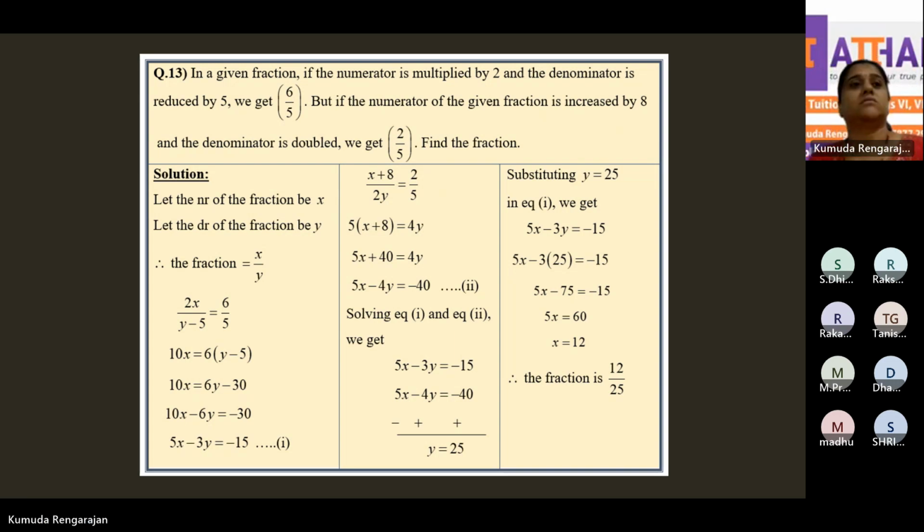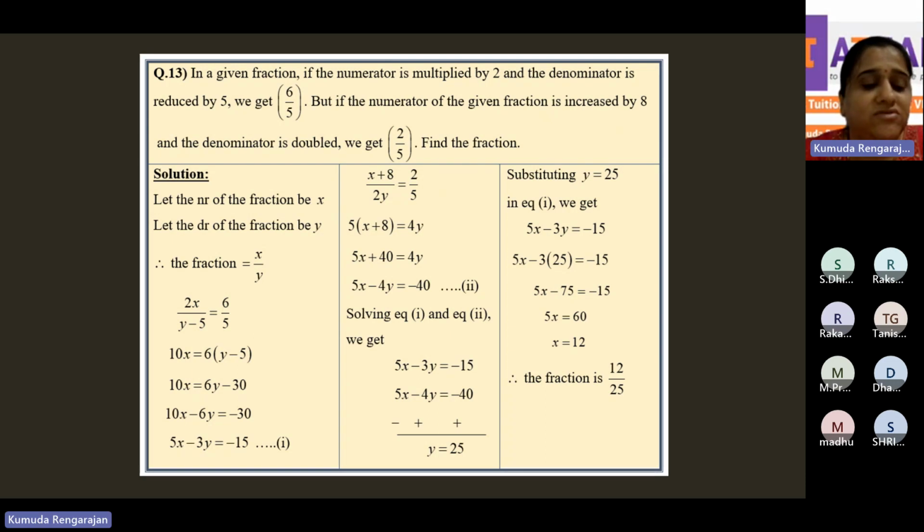Tell me, on cross multiplying, what did you get? First equation, when you cross multiply, I'll read out: 10x is equal to 6y minus 30. You got that? Then 10x minus 6y is equal to minus 30. Then I divided by 2 throughout.